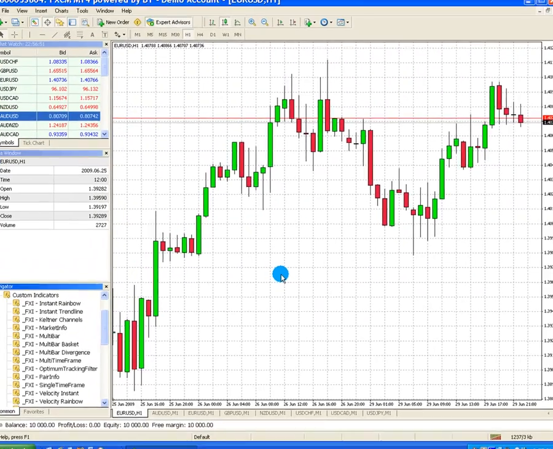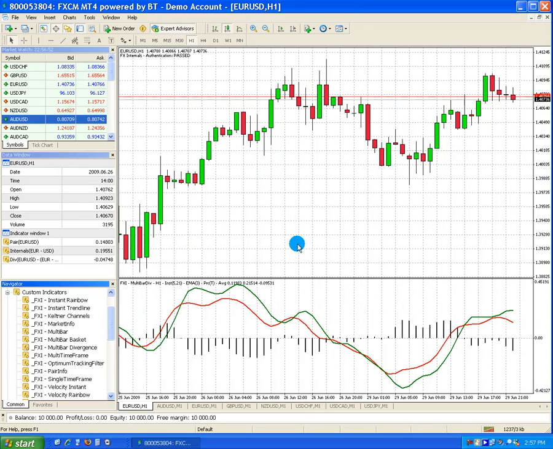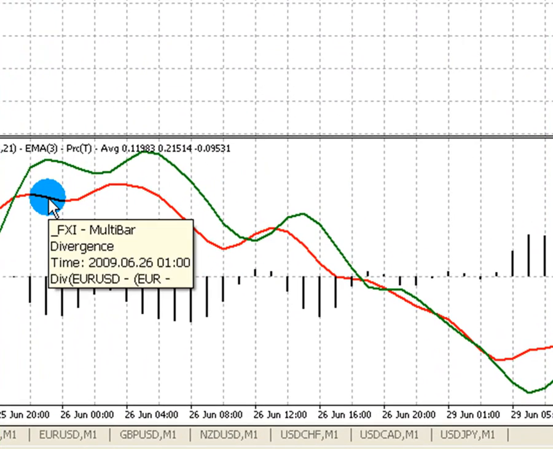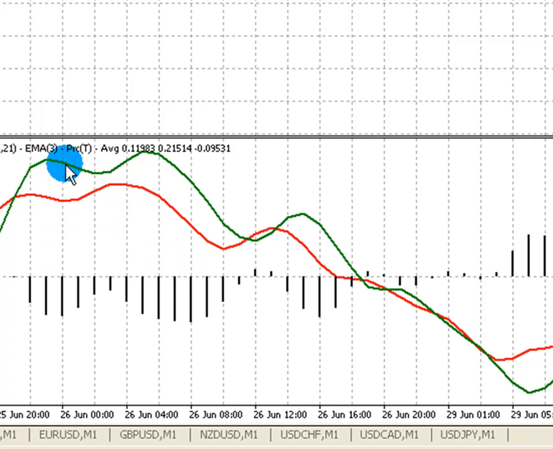We'll hit OK. You can see that what comes up is a histogram here, a red line, and a green line. The red line is the momentum or strength of the move of the euro dollar itself. So in this case where my cursor is, it's at a positive 0.26%.